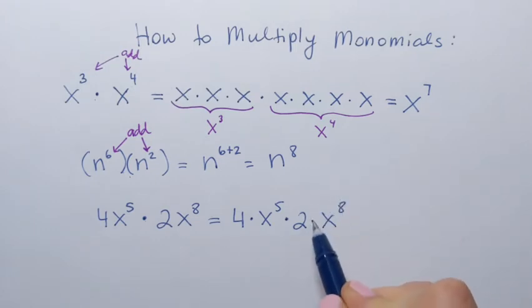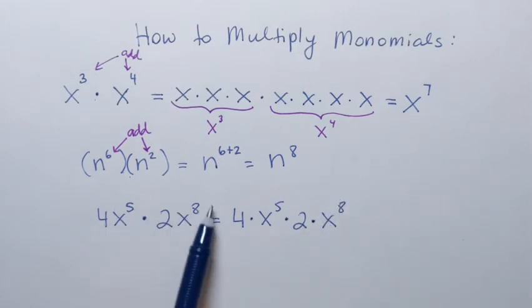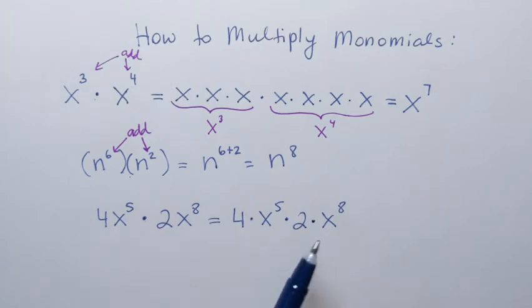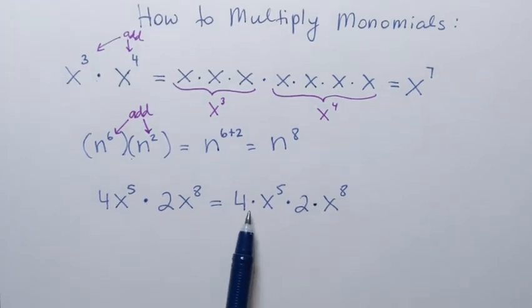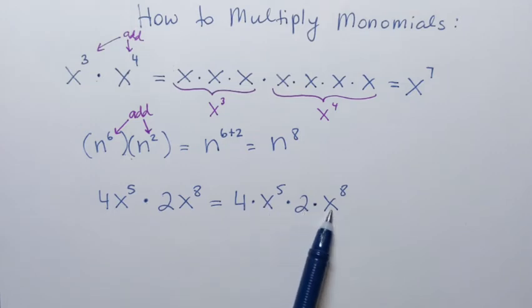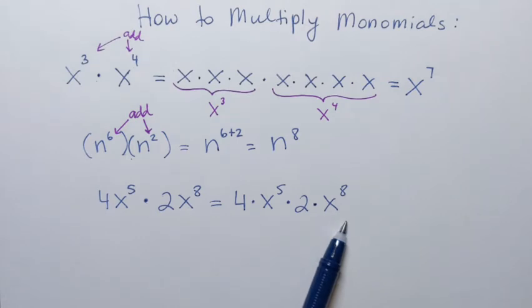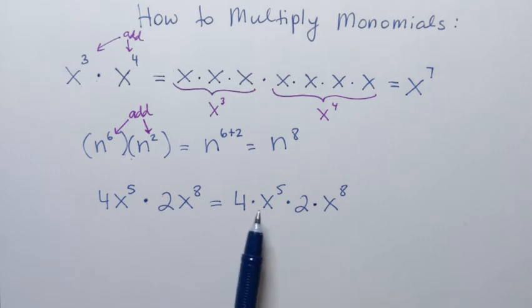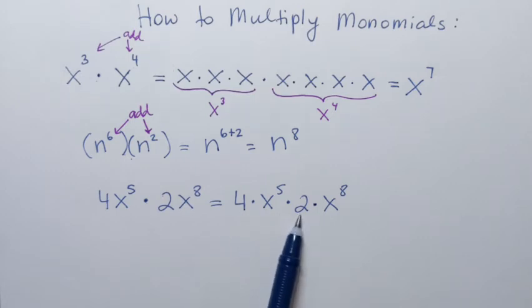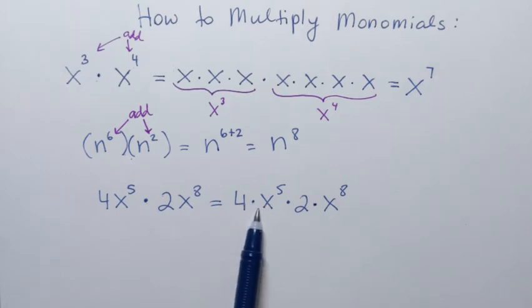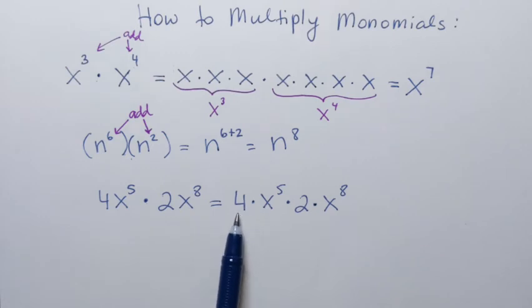Now, as soon as I rewrite this product this way, I can look at it as the multiplication of 4 factors: 4 times x to the 5th times 2 times x to the 8th. But remember, when we do multiplication, it doesn't matter in which order we perform that multiplication, which means that I can take 4 and multiply by 2, right? I don't have to multiply only neighbors. I can multiply any 2 factors within that multiplication. So I can multiply 4 by 2.